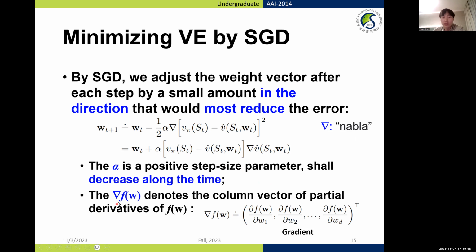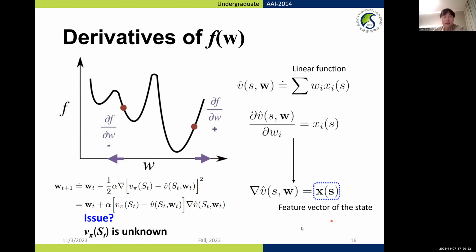Then this nabla f(w), this is not delta, this is nabla. Nabla f(w) denotes the column vector of partial derivatives of f(w). We use this nabla to do the partial derivative with respect to the vector W, to each element, right?